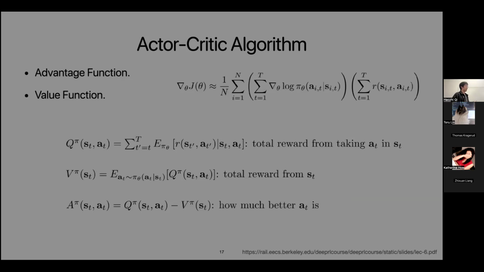At the current state ST, if you take an action, what is the difference between taking this action and taking the mean action at this state? That's called the advantage, because it's the advantage of the action compared to the average action you can take in the current state.